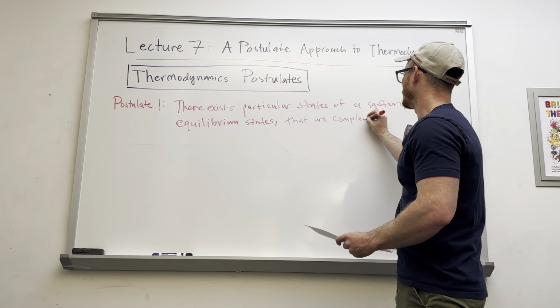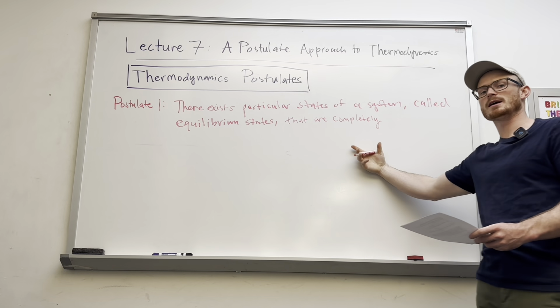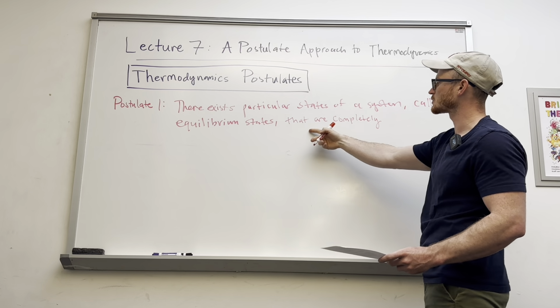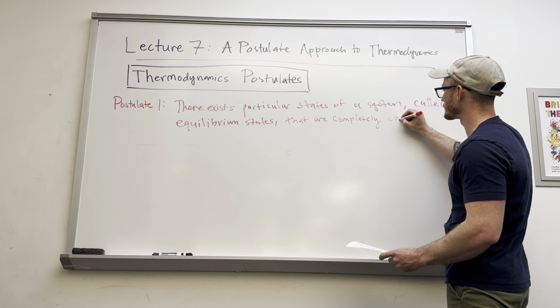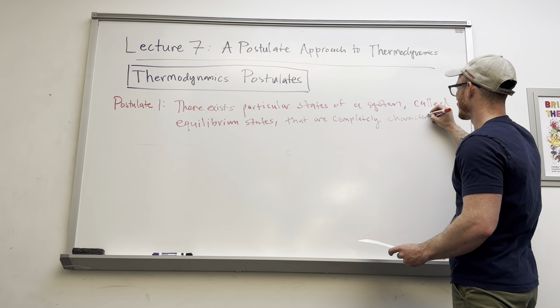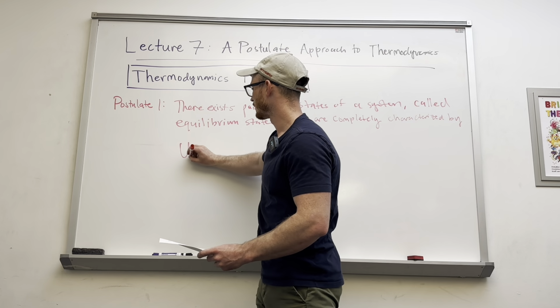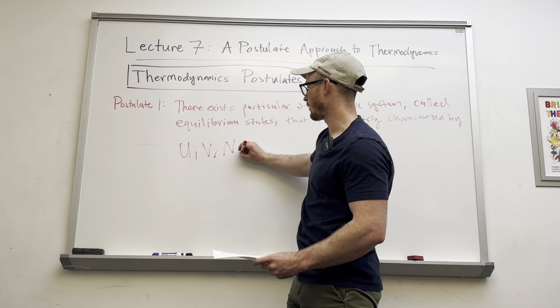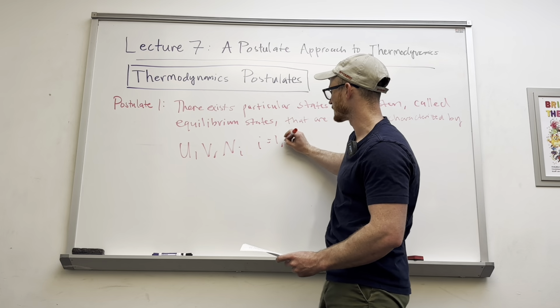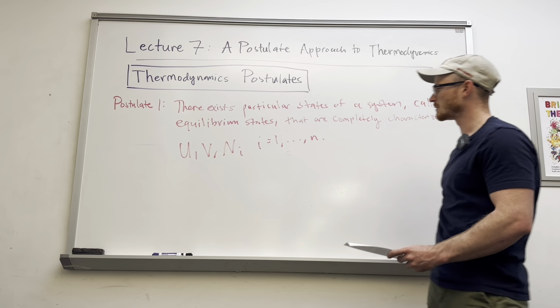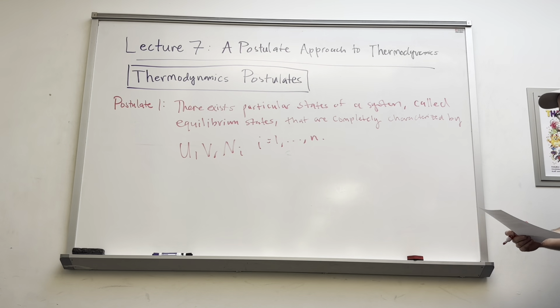So we are postulating this. We have no way to show or prove this, but we're going to postulate that they are completely characterized by the internal energy, the volume, and the number of particles of every species in the system. This is postulate 1.